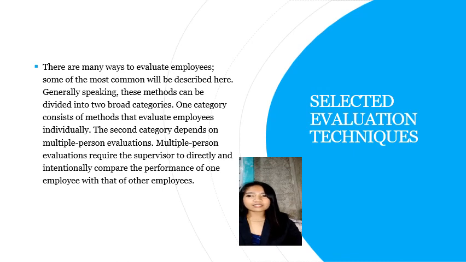One category consists of methods that evaluate employees individually. The second category depends on multiple person evaluations. Multiple person evaluations require the supervisor to directly and intentionally compare the performance of one employee with that of the other employees.